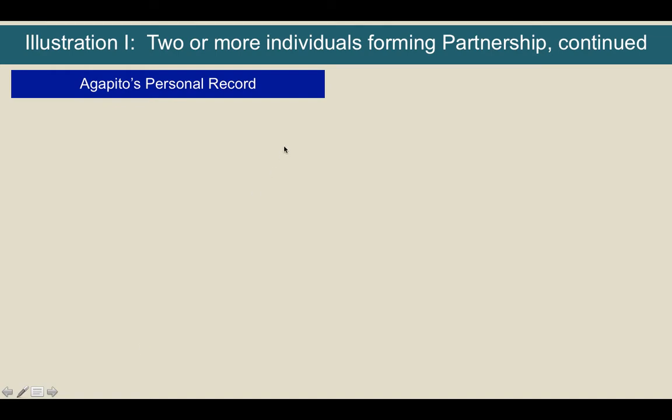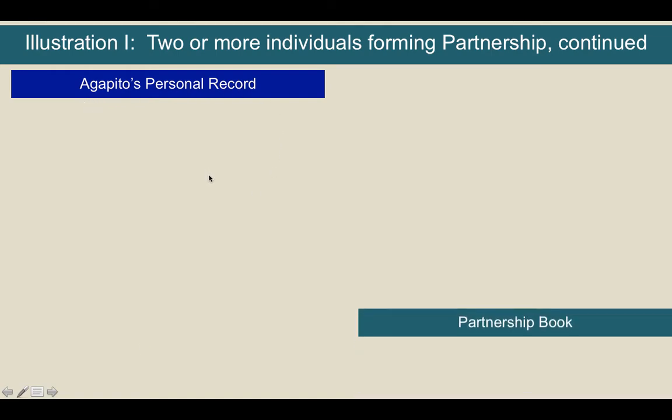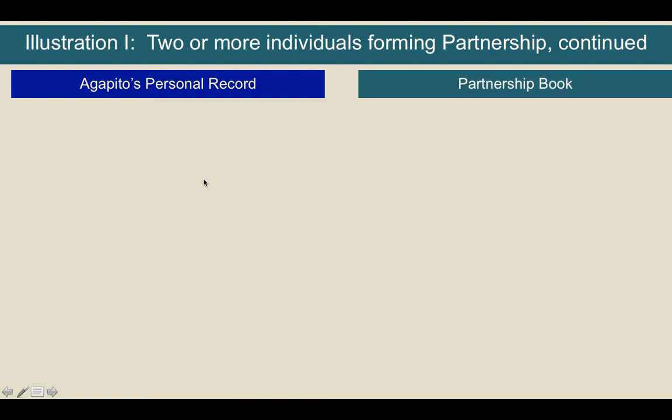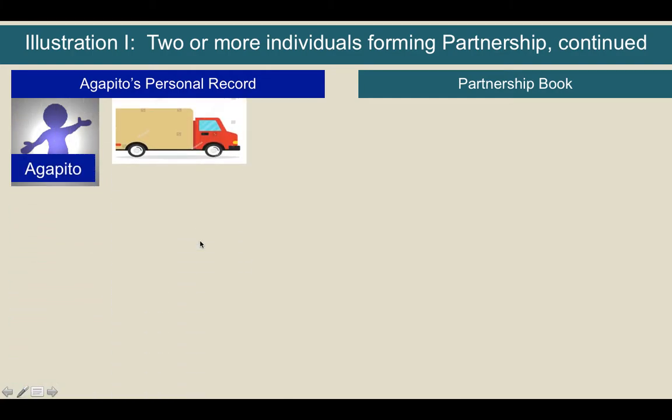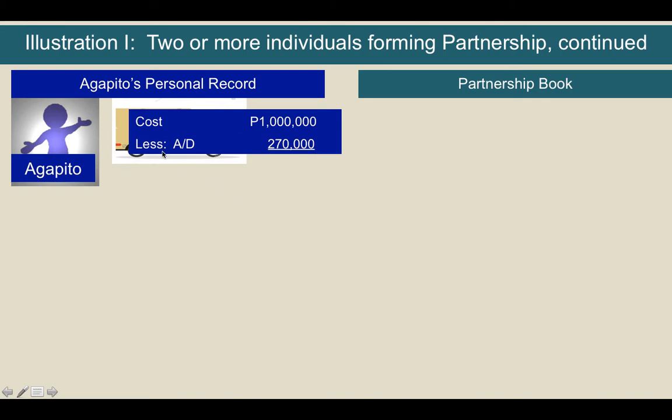So let us take a look at Agapito's personal records, and then we will take a look at the partnership book. So here is Agapito, who will invest the vehicle. On Agapito's personal record, the cost of that vehicle is 1 million, and there is an accumulated depreciation of 270,000.